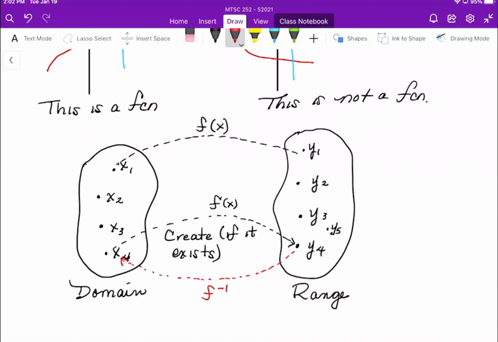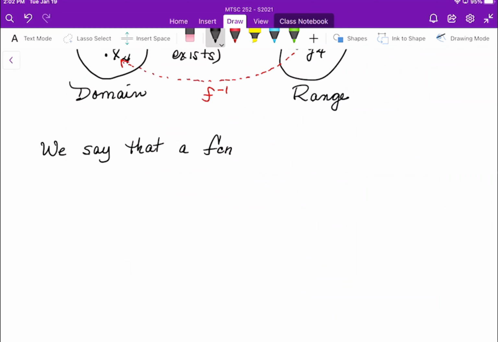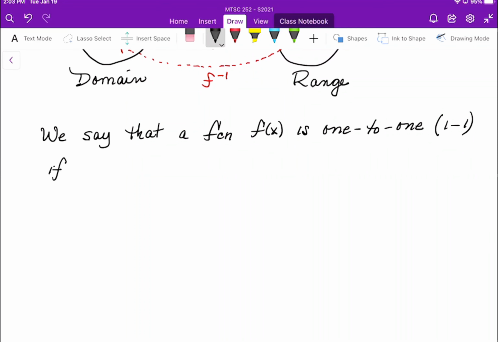So we say that a function is one-to-one, and sometimes you'll see it written like that, one-to-one, if f of x1 does not equal f of x2 whenever x1 is not equal to x2.